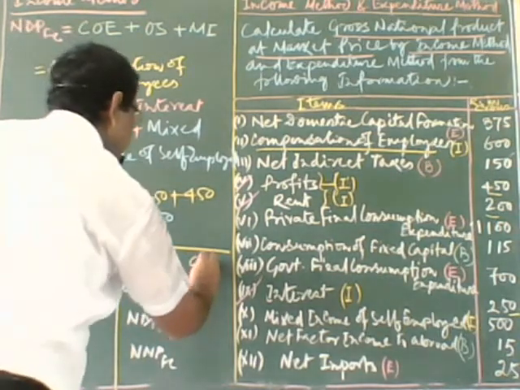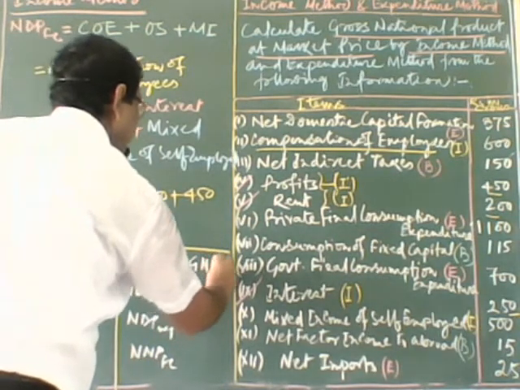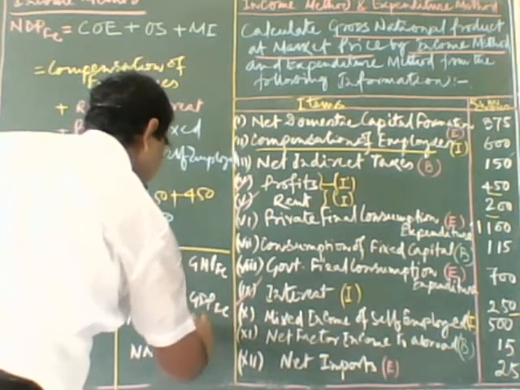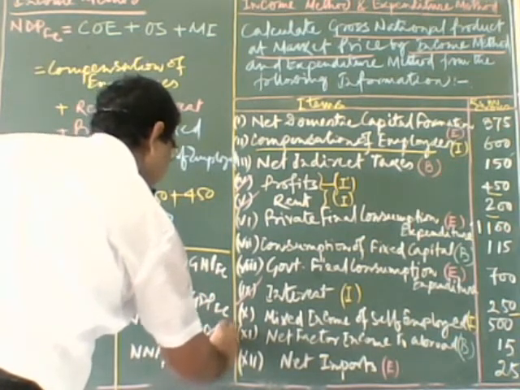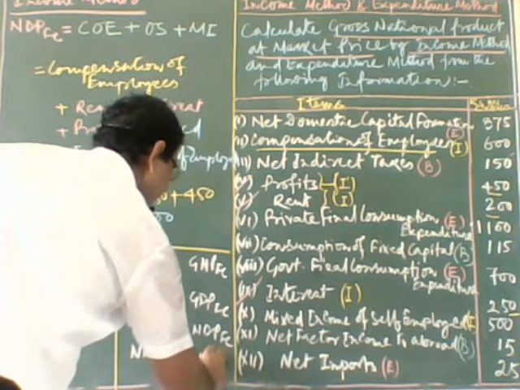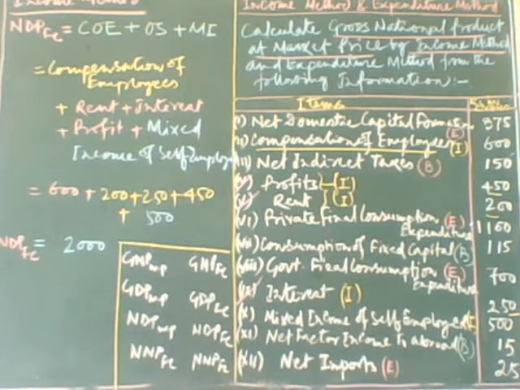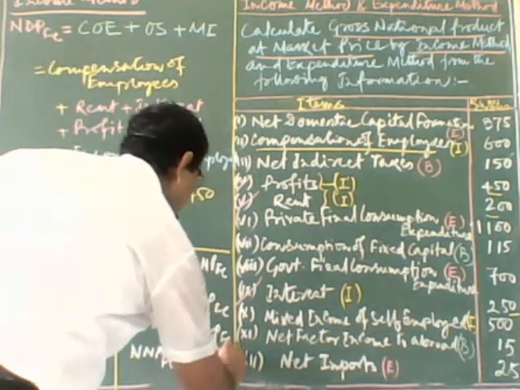Here GNP factor cost, GDP factor cost, NDP factor cost, NNP factor cost. Already you have got the value of NDP factor cost.